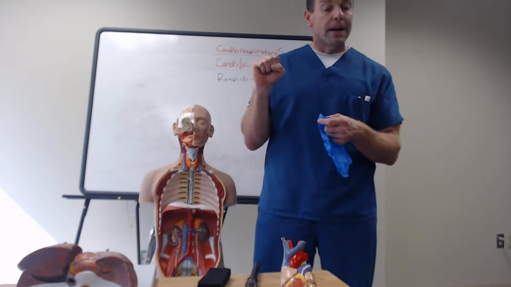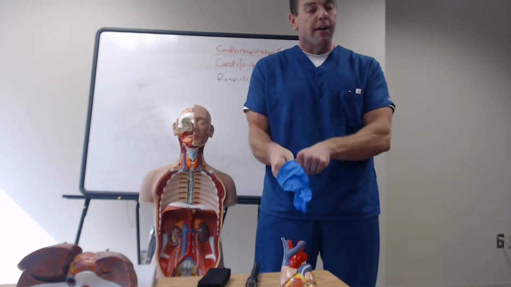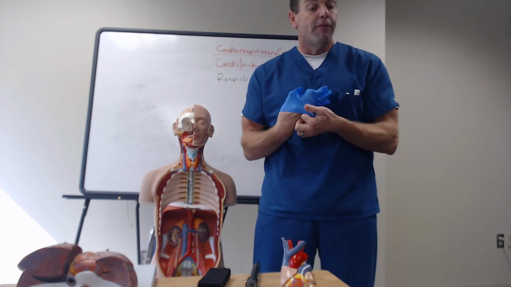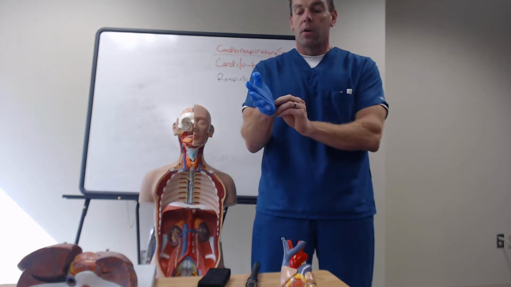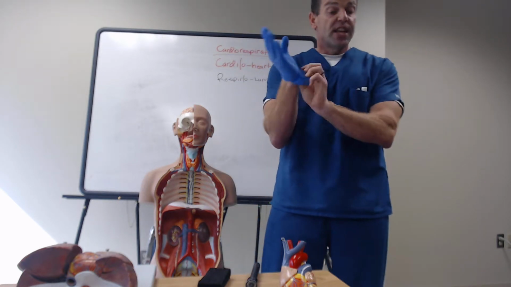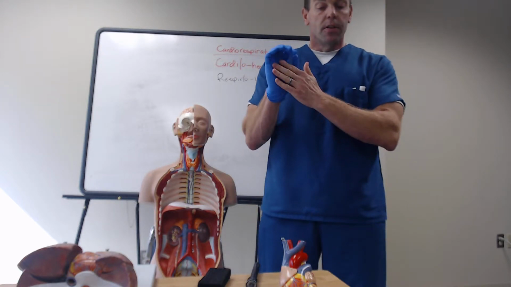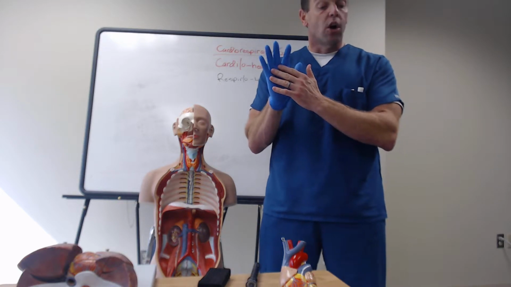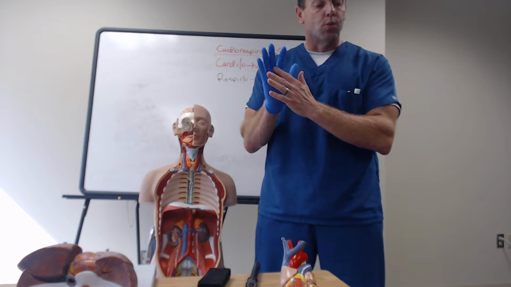The heart is about the size of your fist. So when I put this glove on my hand, it's not that far-fetched of a model to say that this is like the pericardium. The pericardium has an outer part, called the parietal pericardium, and it's not in contact with the heart.